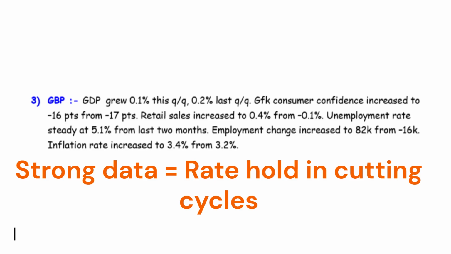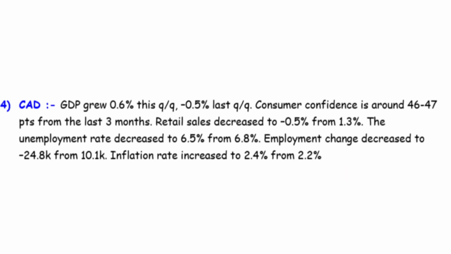and further economic growth. Moving to Canada, GDP grew 0.6% this quarter, negative 0.5% last quarter. Consumer confidence is around 46 to 47 points from last 3 months. Retail sales decreased to negative 0.5% from 1.3%.